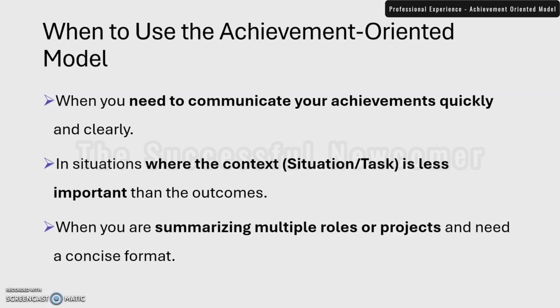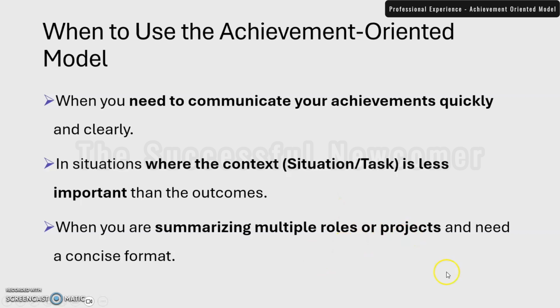And the next point here talks about when you want to summarize multiple roles or projects, and you need a concise format. So if it's multiple roles and projects around the same tasks, you may want to just use the achievement oriented model to summarize it in a concise format rather than describing it as the same project. They're similar projects.